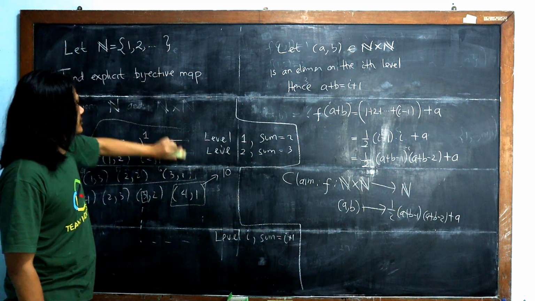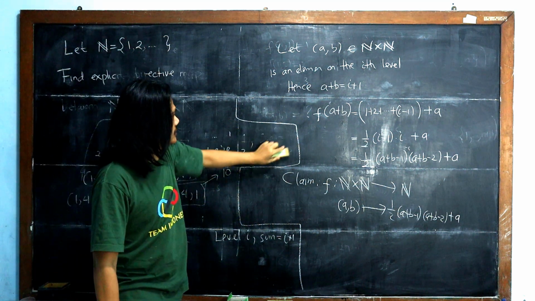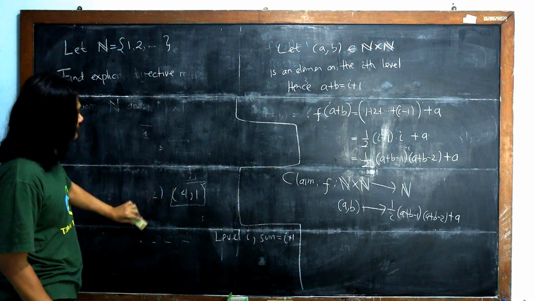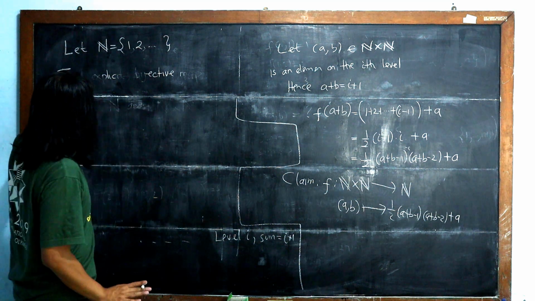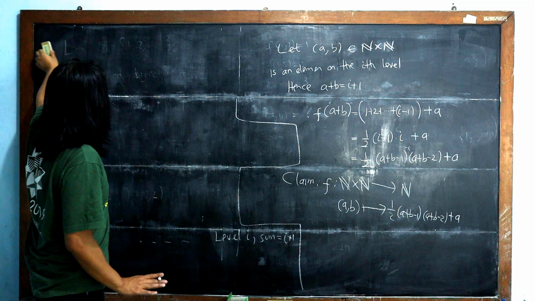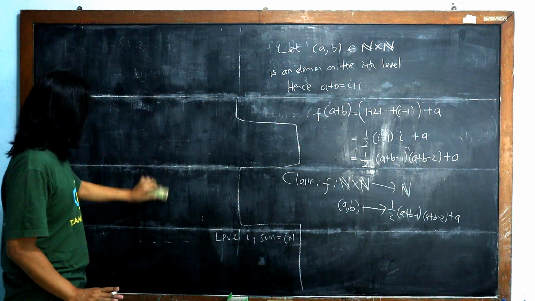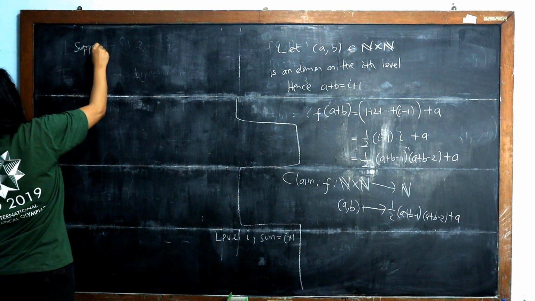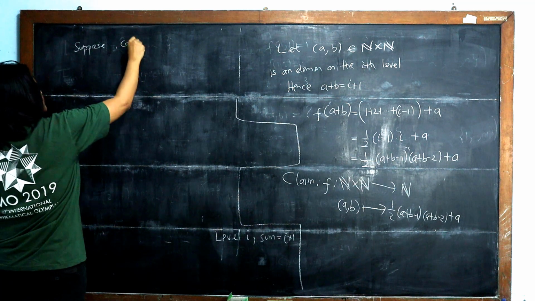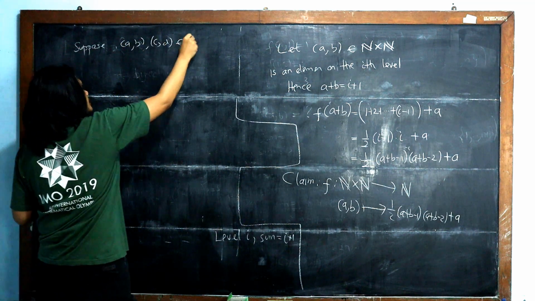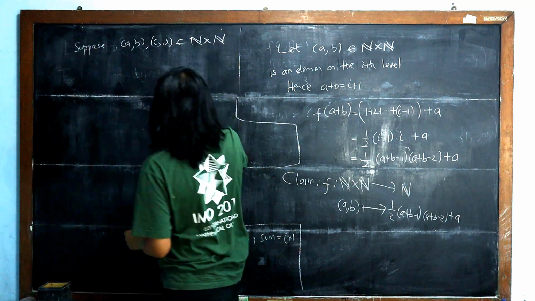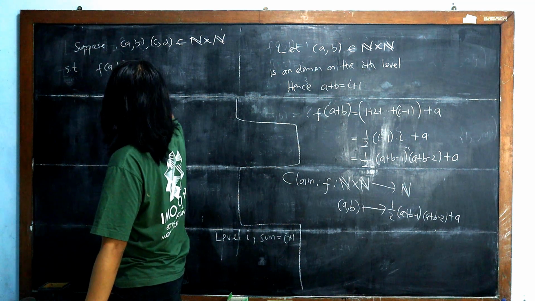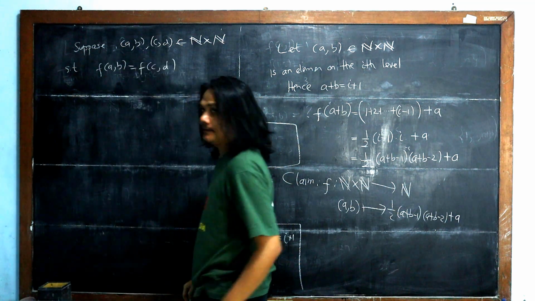So first let's check that this map is injective. Or which one is it? Injective or surjective? Let's say we want to check that it's injective, right? So suppose (a, b), (c, d) is in N plus N such that f(a, b) is equal to f(c, d), right?